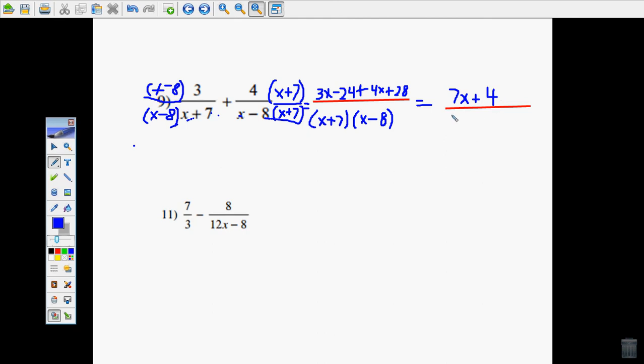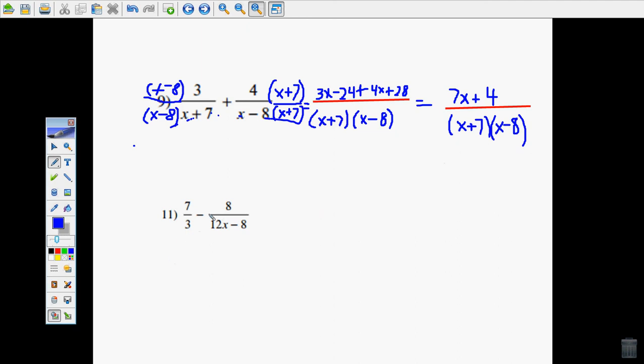And then in the denominator, common denominator of x plus 7 and x minus 8. And it looks like everything's been done there in that problem, and that would be your final answer.